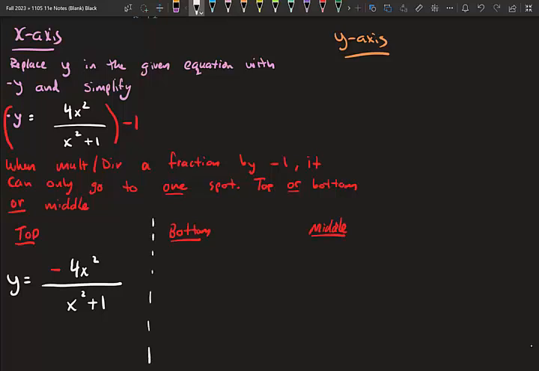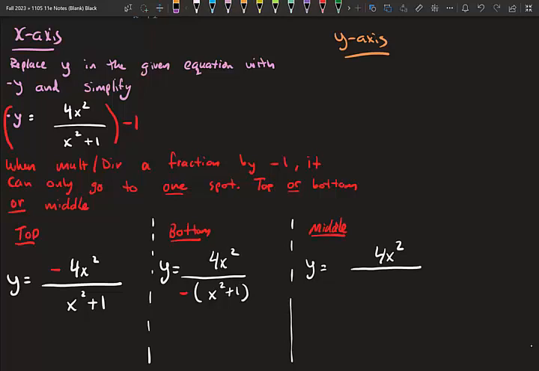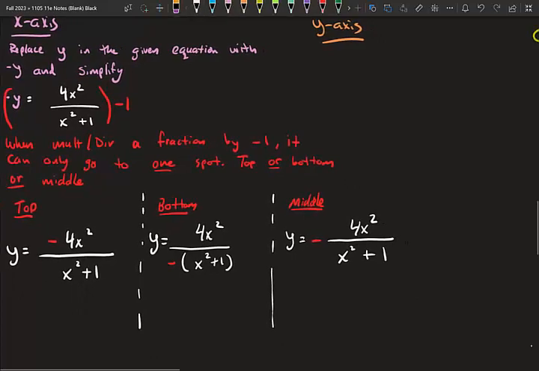If we put it to the bottom, this is what it would look like. If we put it in the middle, this is what it would look like. So you have to pick only one of them.